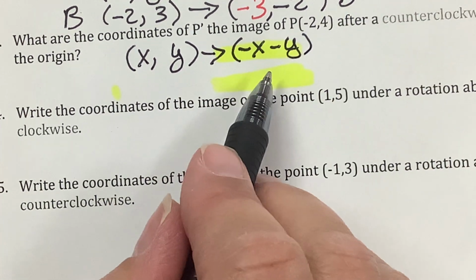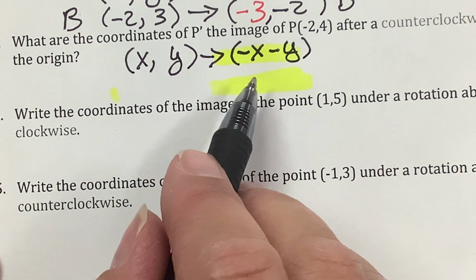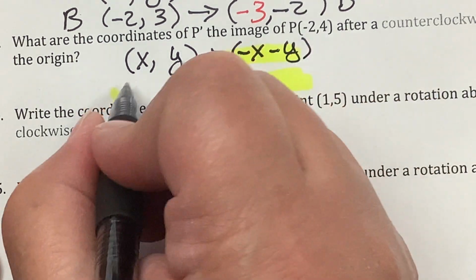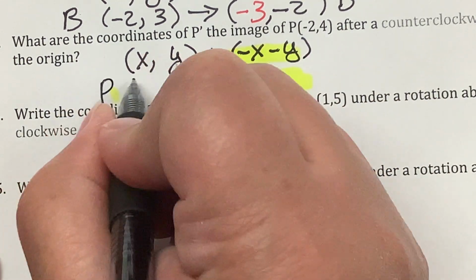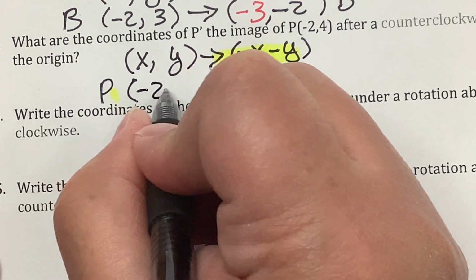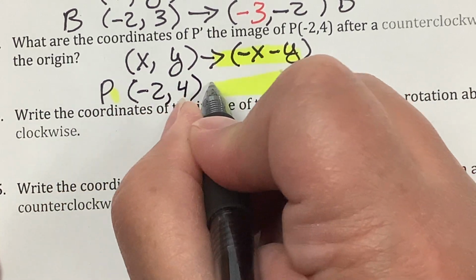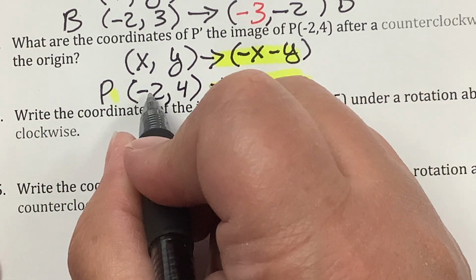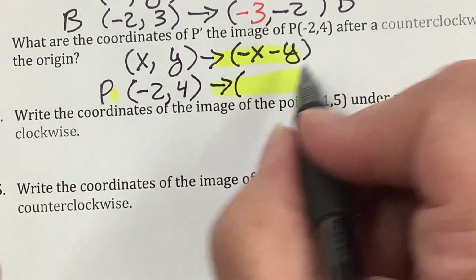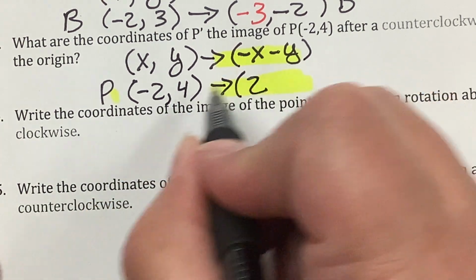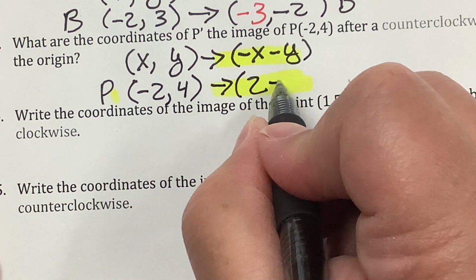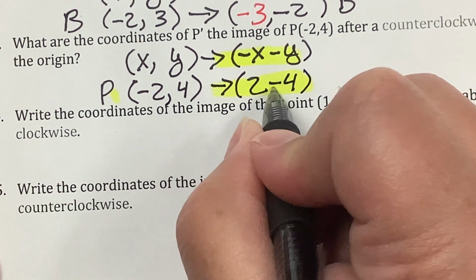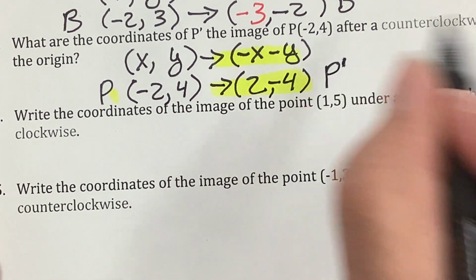Now remember, that's not negative, it's negate. I said the wrong word. So we have P, which is at -2, 4. When you negate -2, it becomes positive 2. When you negate 4, it becomes -4. So you change both the signs to get P prime.